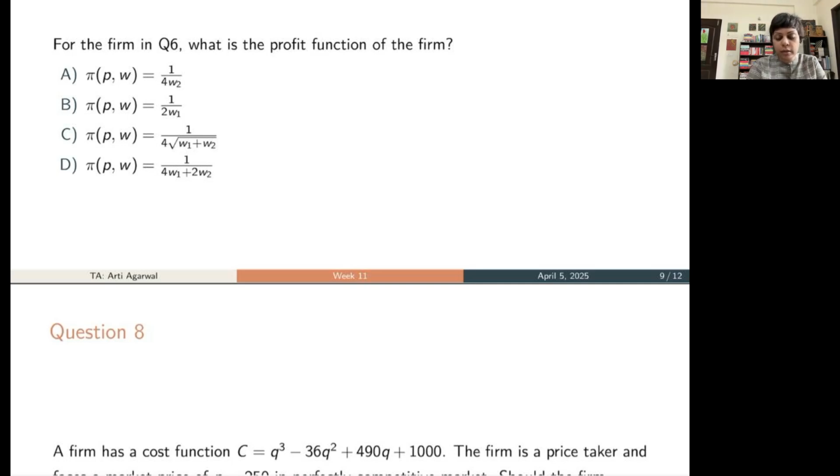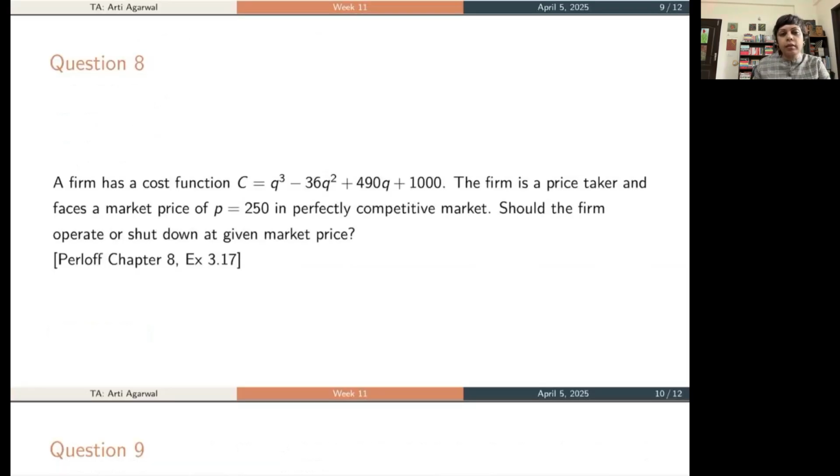In this, you will do the same thing which we did last time, where we check the functional form of the average variable cost function and the marginal cost function, and we check for what values of P average variable cost is covered for the firm.